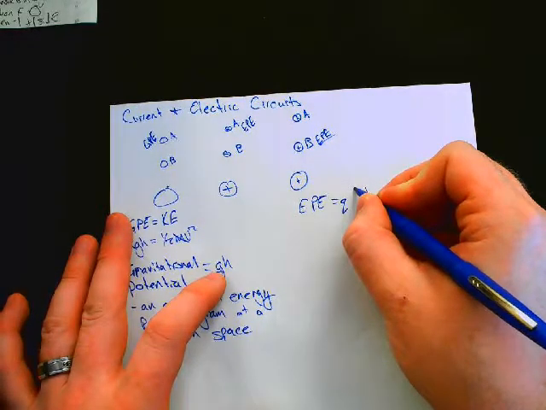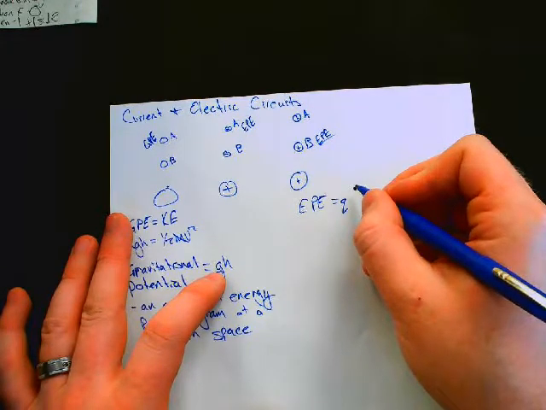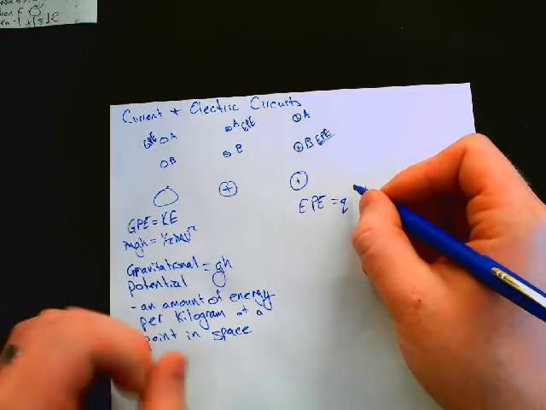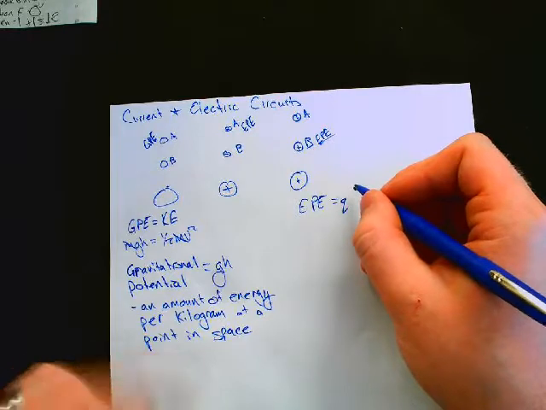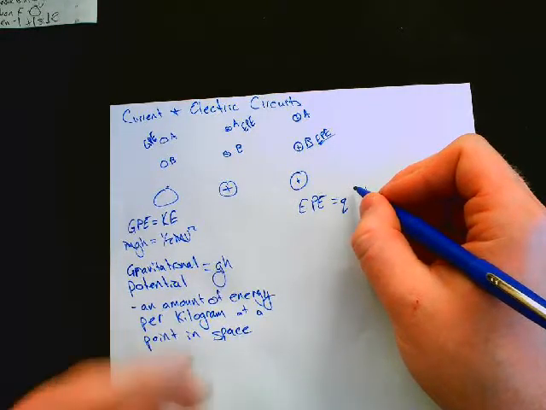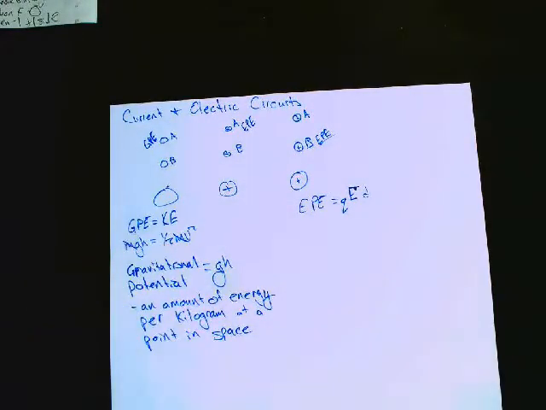Go ahead. Take a guess. Well, that's force electric. I want electric field. K is a constant, similar to capital G. It is E. E, which was electric field.